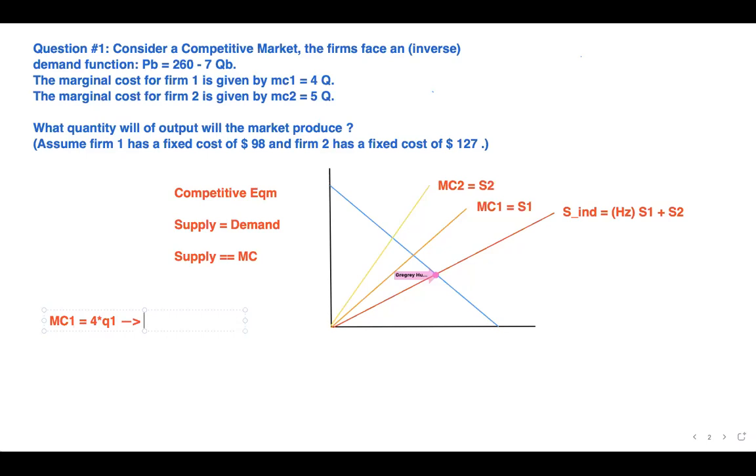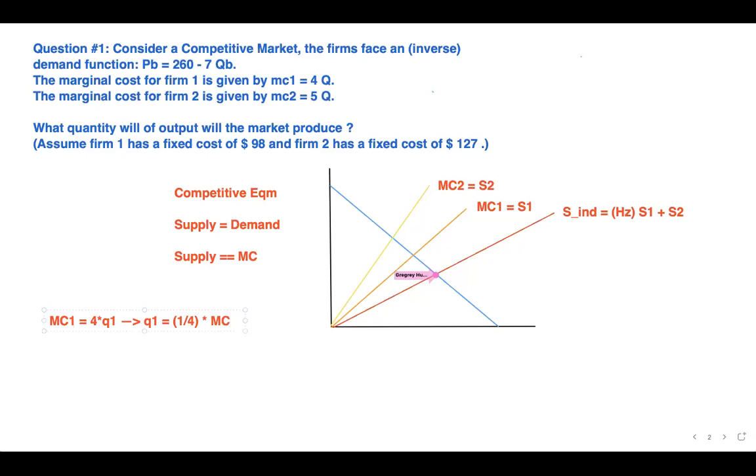So, if I'm going to invert this, Miles, what should I do? 1/4. Yeah. So Q1 is equal to 1/4 times MC.